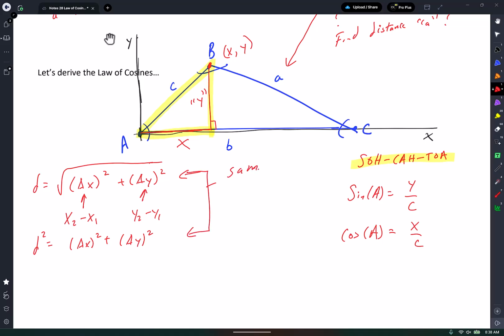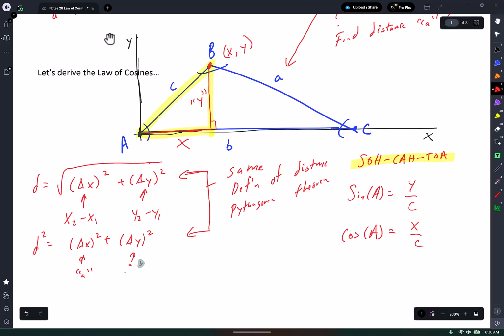You can think of this as the definition of distance, or you can think of this as the Pythagorean theorem, like a squared plus b squared equals c squared. I'll erase this. But they're all the same.